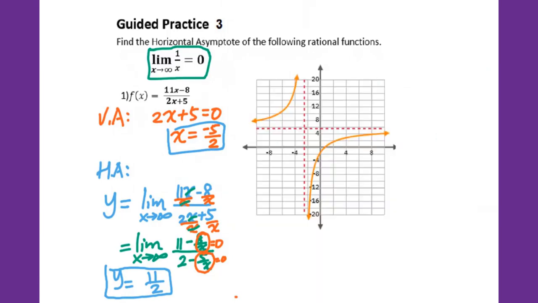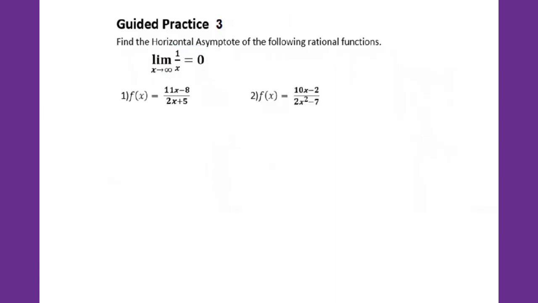This is the graph for 11x minus 8 over 2x plus 5. Y equals 11/2 is the horizontal asymptote line, and the vertical asymptote line is x equals negative 5/2.